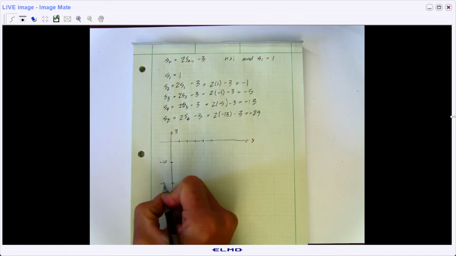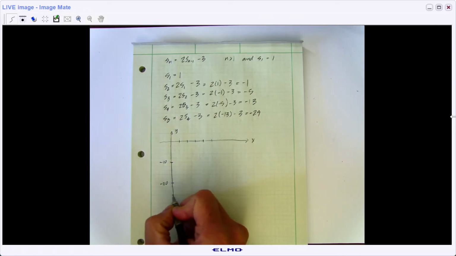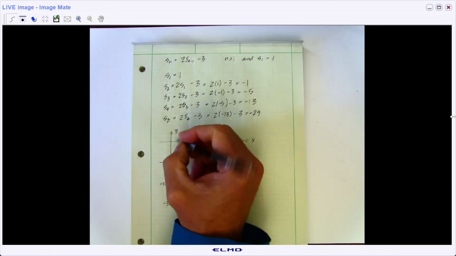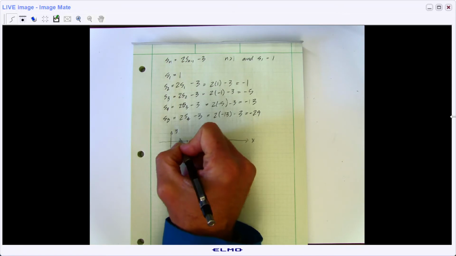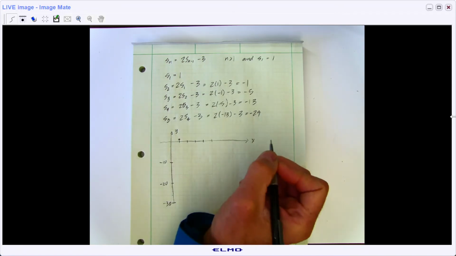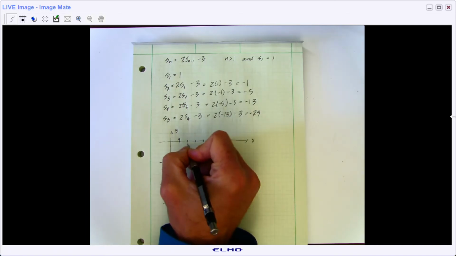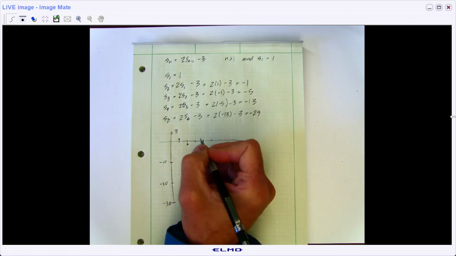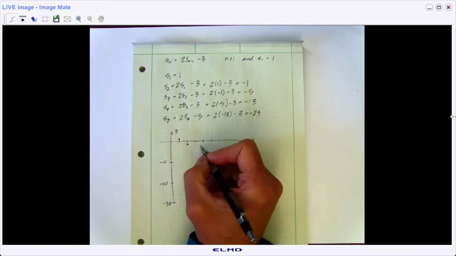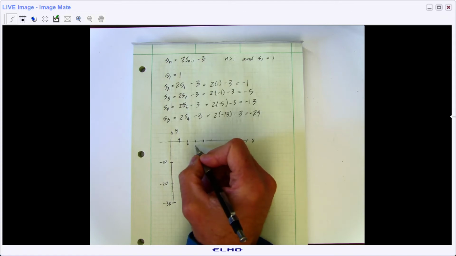This would be negative 20. This would be negative 30. At 1, I'm at 1, right? So each one of these is 2, so I would plot 1 right there. At 2, I'm at negative 1. At 3, I'm at negative 5.